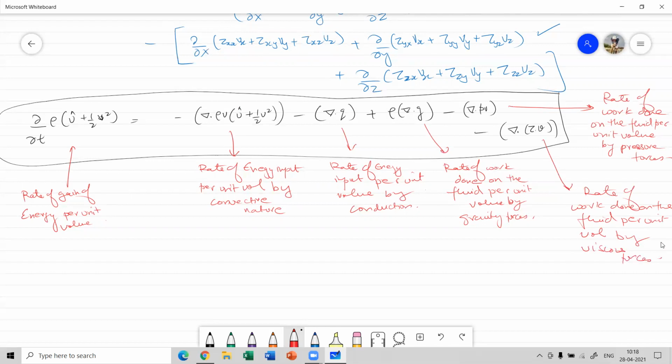So because of all these convective nature, conduction occurring, and at the same time work is being done on the fluid by different forces, that is gravitational force, pressure force, stress forces, all these things will result in the rate of gain of energy per unit volume.